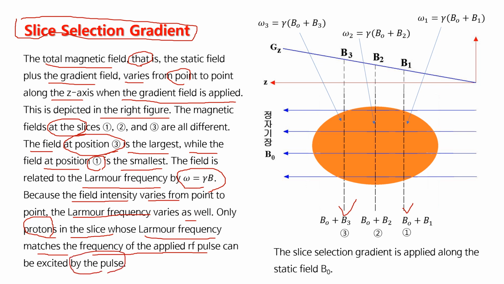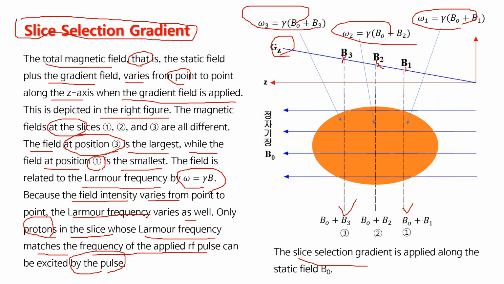So if we apply this gradient field, Gz, we can make a position-dependent magnetic field, and at each point the protons have a different Larmor frequency, so we can discriminate.